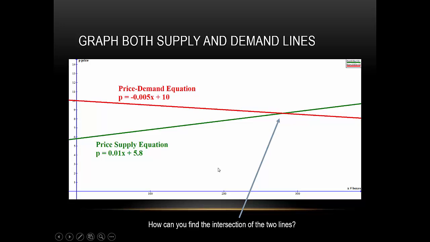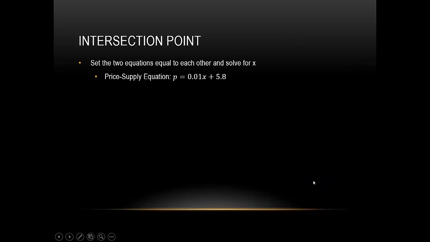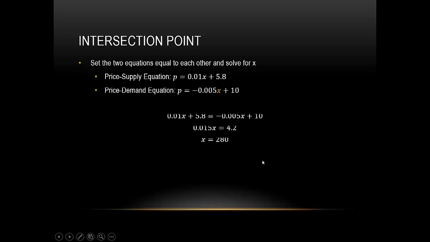Could you find the intersection of these two lines? Do you remember how to do that? Set the two equations equal to each other. When you set my price-supply equation and my price-demand equation equal to each other, and you solve this for x, okay, so I did all my algebra to solve this for x. You should do that.